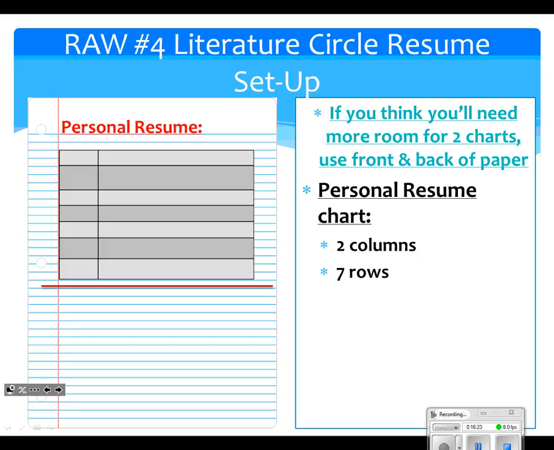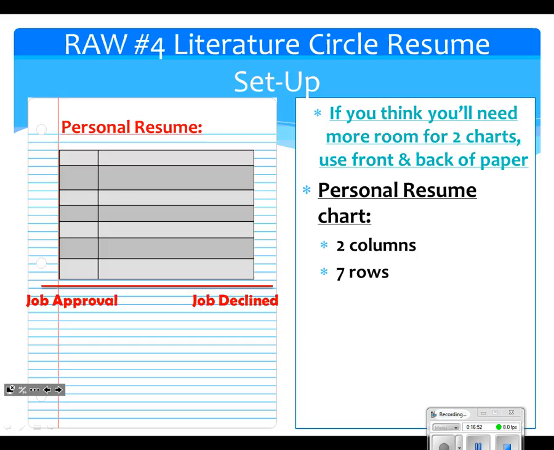It's meant to be that way. Are we doing it all the way down the page? That's up to you. It says if you think you need more room for 2 charts, use front and back of the piece of paper. Nope, it stopped right at the red.